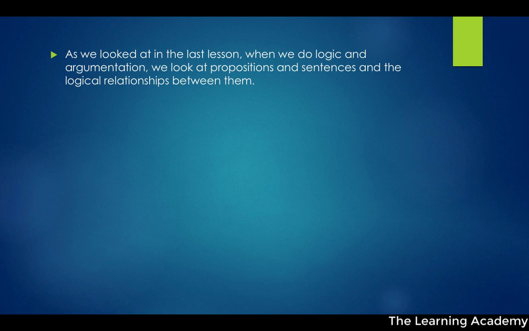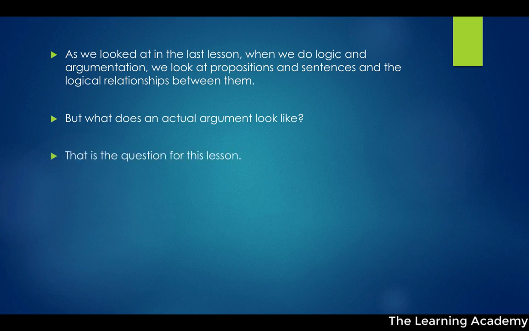They can either be true or false, and then by unambiguous we mean that we can understand its meaning just by reading it. Okay, there aren't multiple different kinds of meanings that can be behind it. So we've looked at sentences and propositions, and we know that there's a logical relationship between them, and this is what an argument is. So what does an actual argument look like?